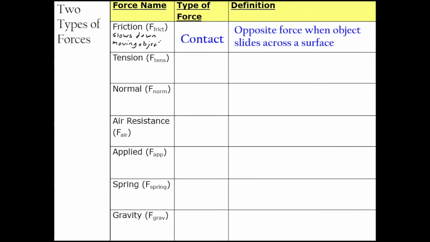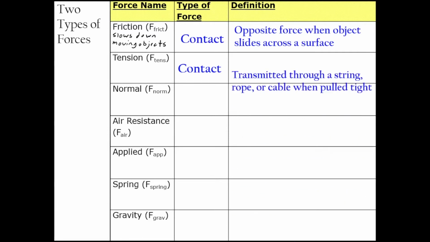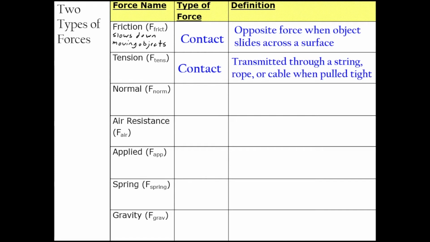The next force we're going to talk about is tension. And tension is also a contact force. Again, contact is just talking about the fact that this force needs to be touching an object in order for it to occur. Tension is what happens when we have a string, a rope, or a cable that is pulling on an object.